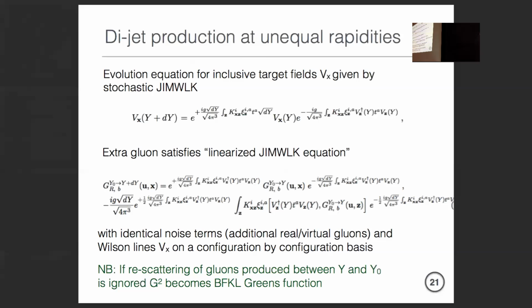This is a completely legitimate diagram. But then you ask why can't I produce the gluon there, instead of in this linear evolution here? If you do the calculation for this process carefully, it turns out that this contribution actually vanishes.